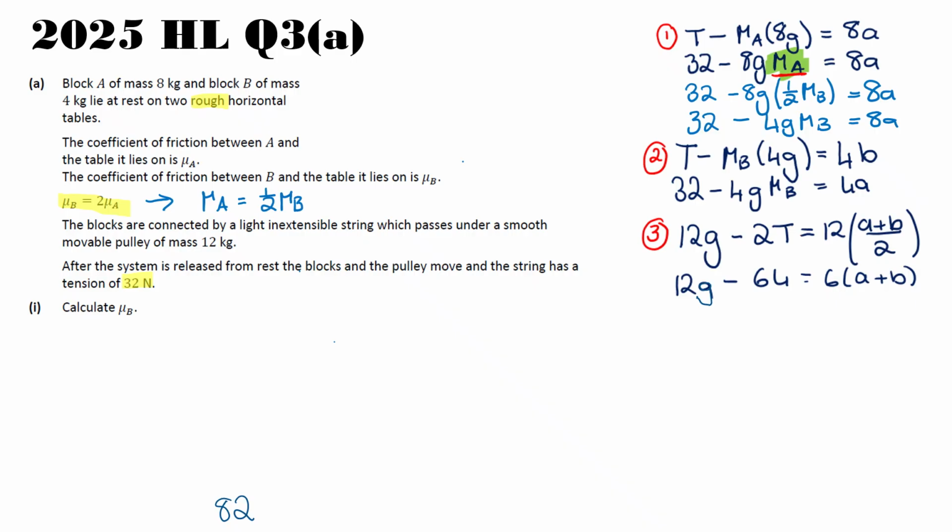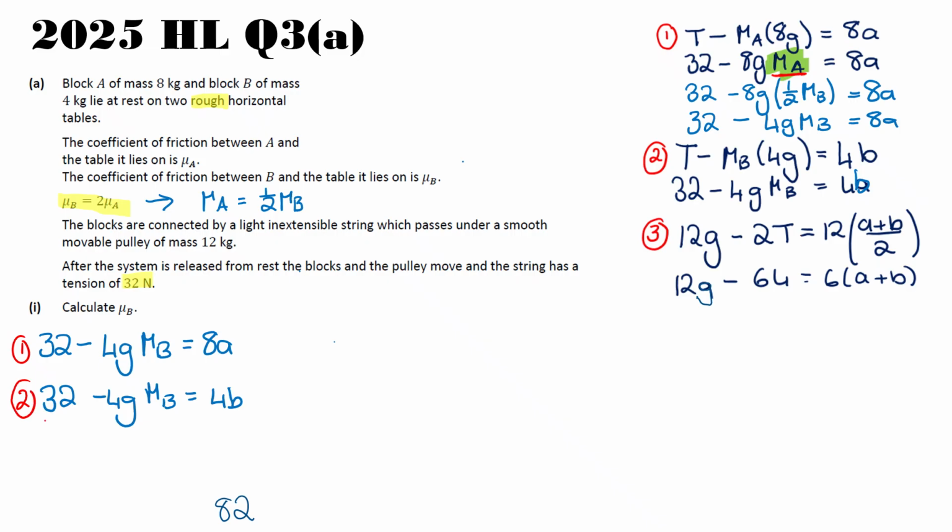So let's take a look at the equations we're working with. So we have 32 minus 4g mu B is equal to 8a. We also have 32 minus 4g mu B is equal to 4b. And if you look at the left-hand side of both of those, you'll see that they are now equal.